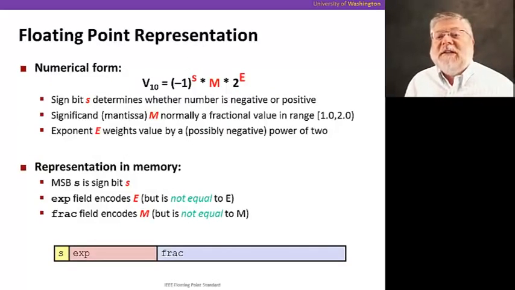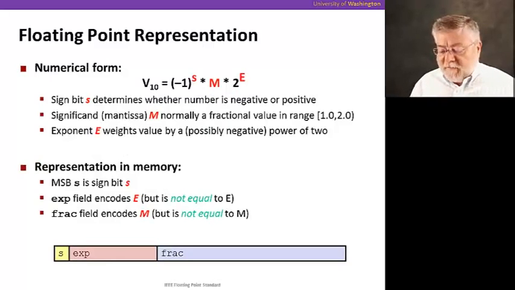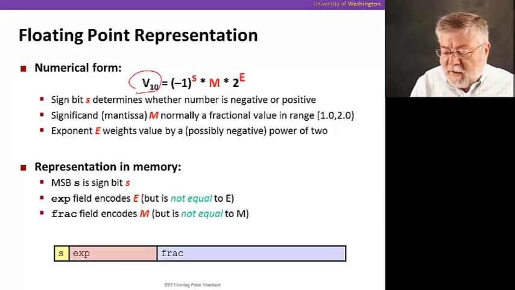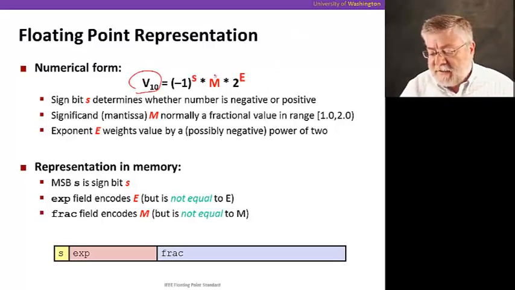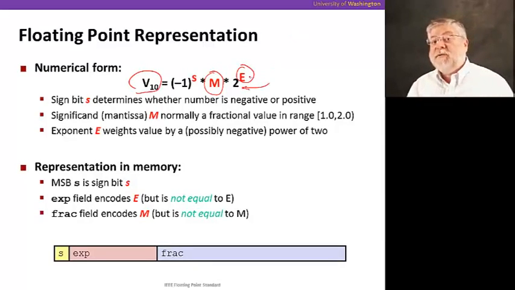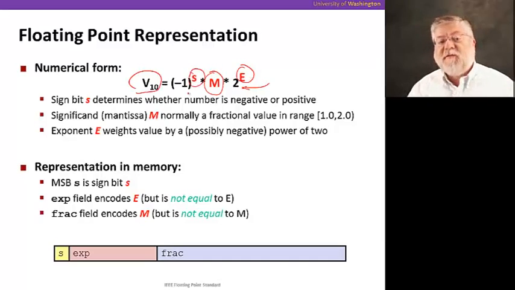Let's take a look at the details of the IEEE floating point representation. If we have a value in base 10, we are going to represent it as a magnitude and an exponent for a power of 2, since we are going to binary numbers. And then we will also have a sign bit for the entire number. So this is back to sign and magnitude notation. The sign bit is going to determine whether the number is negative or positive.